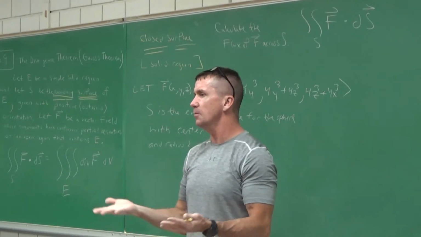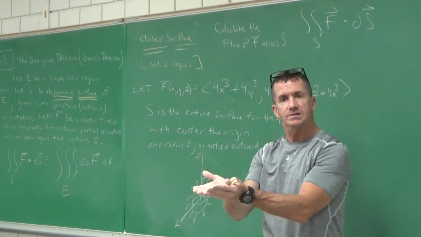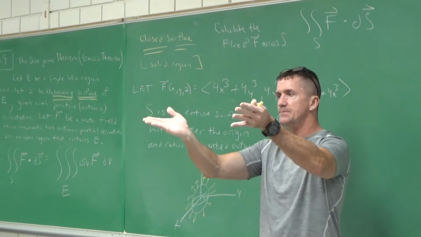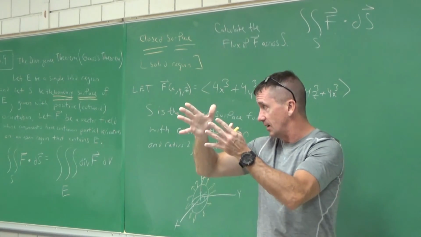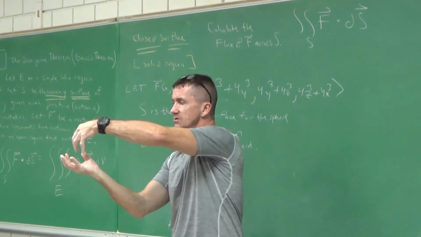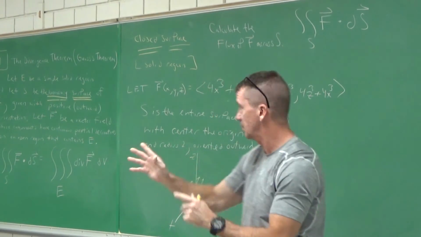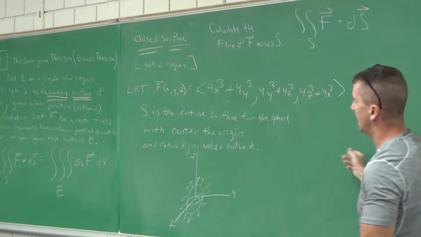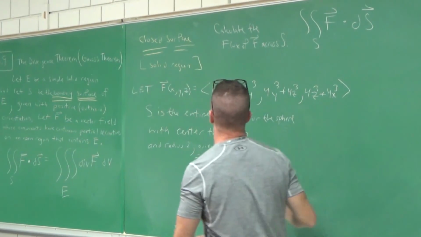A paraboloid is an open surface, unless you cap it off somewhere. A cone is actually an open surface. It keeps opening up forever, unless you stick a disc at the top somewhere and cap it off. Same thing with a cylinder. A cylinder is an open surface, unless you put two discs at the ends and close it off. That's what we mean when I'm saying closed surface. The entire boundary surface, taken care of. That's what's great about this.